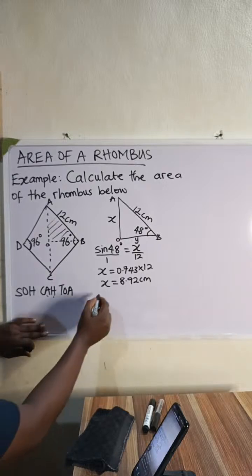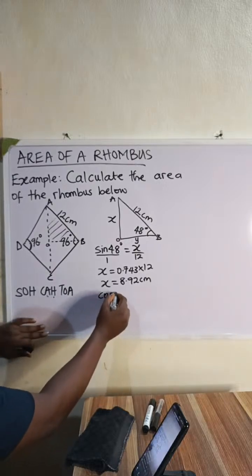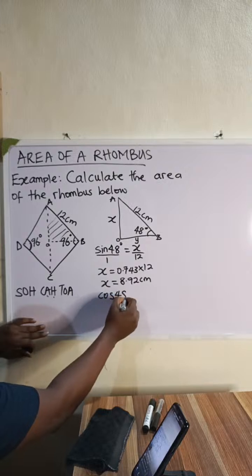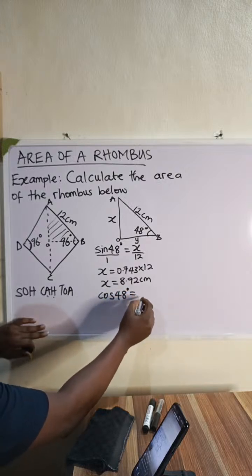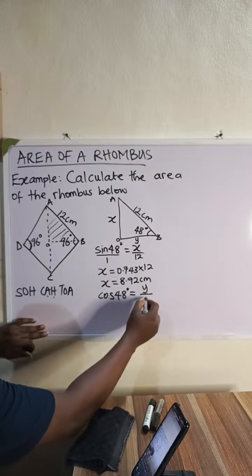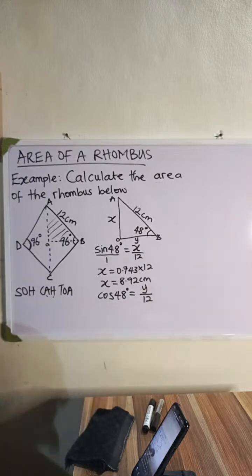So we can have cos 48 degrees is equal to y over 12. Those of you that it seems you're lost is because you've not learned about this, okay? So you can just step back and check it at the end of the class.